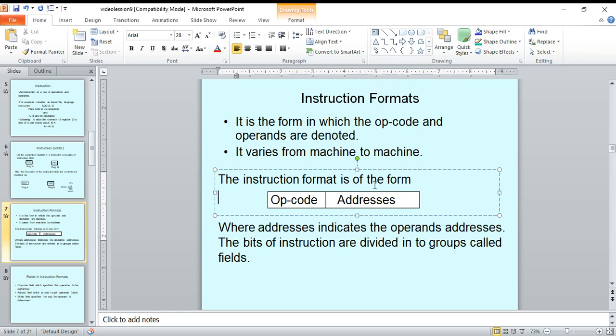And the addresses indicate the operand addresses. The bits of the instruction are divided into groups called fields.